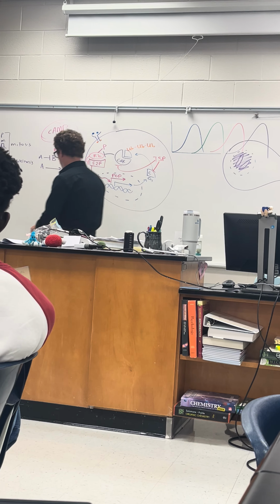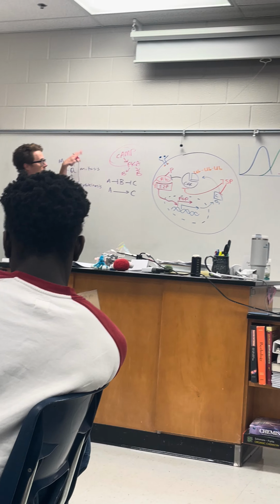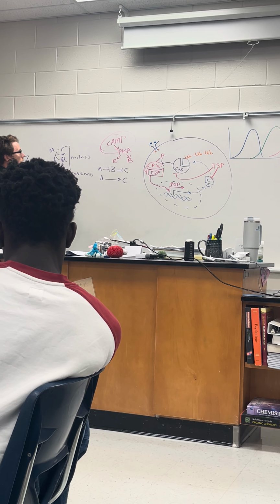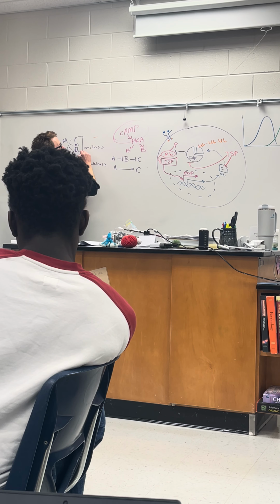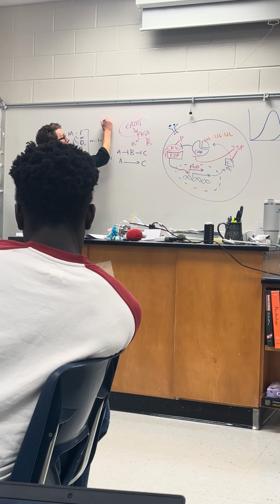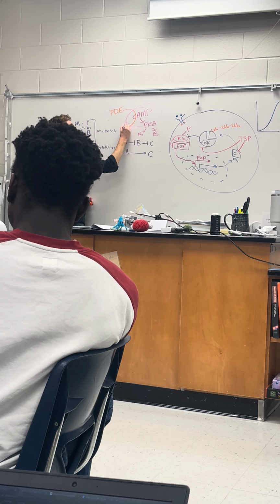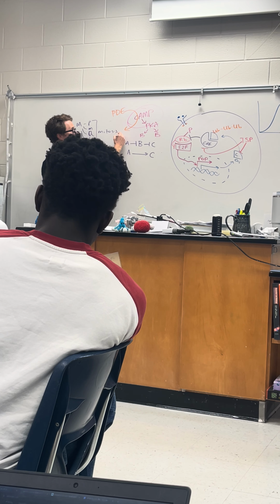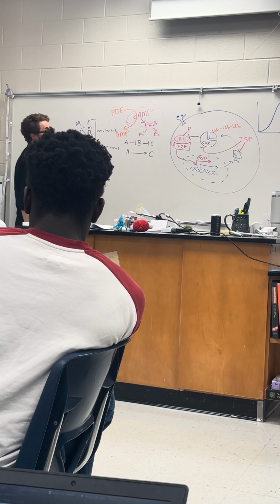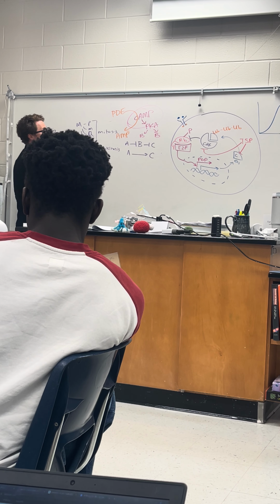Well, the question says, normally this cAMP gets broken down. PDE is an enzyme that takes cyclic AMP and breaks it down into AMP, and that shuts this signal down.